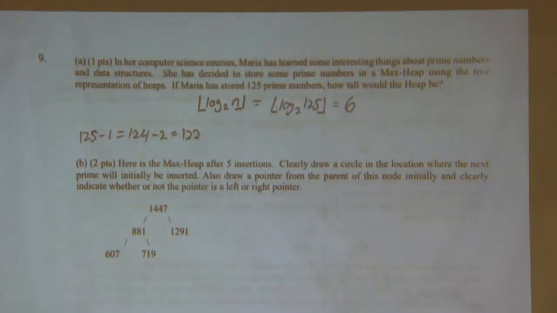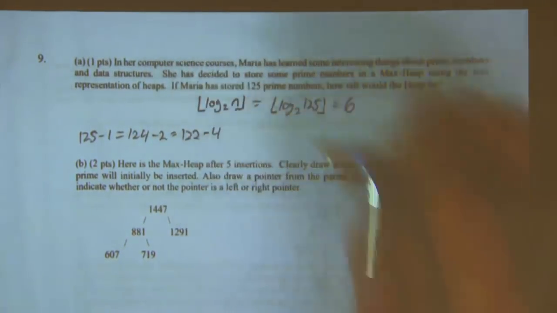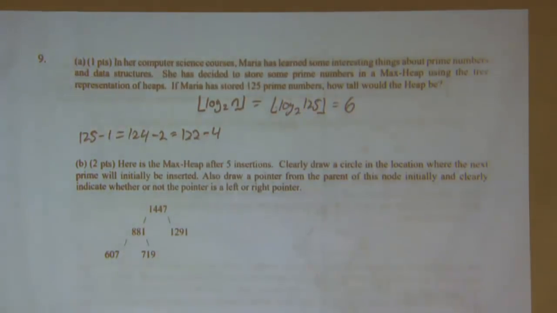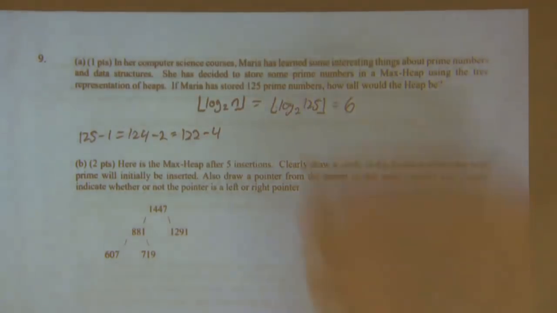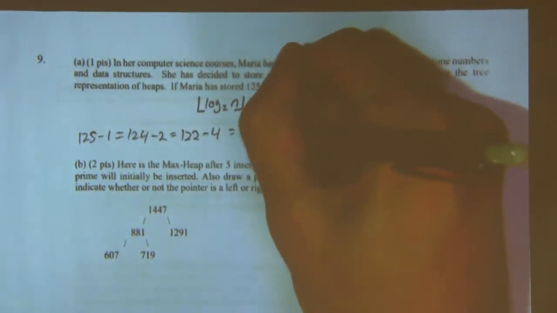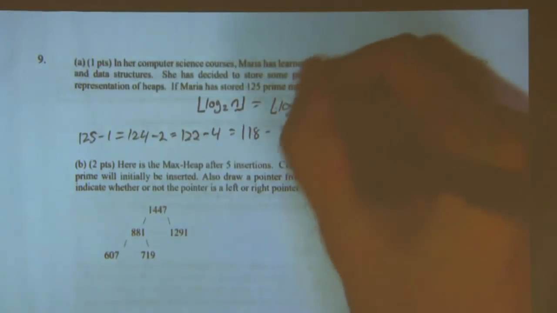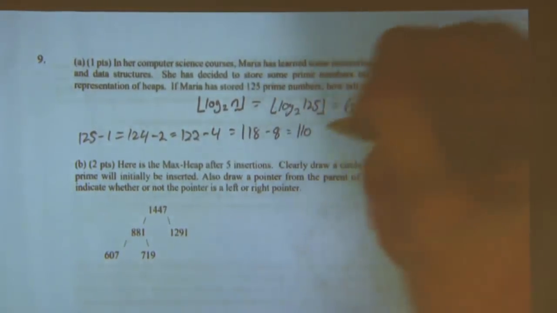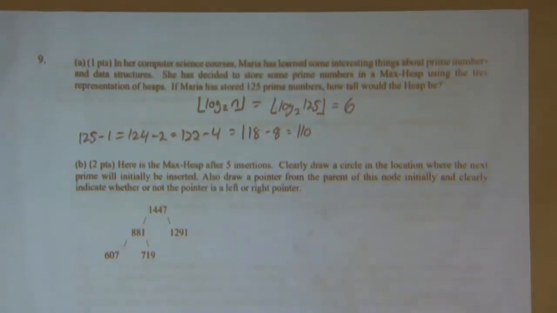And then we just continue on until we try to subtract some number that is greater than what our current value is. So from 122, the next one, we subtract 4 because there are going to be 4 nodes on that level. Then we subtract 8, and we get 110.